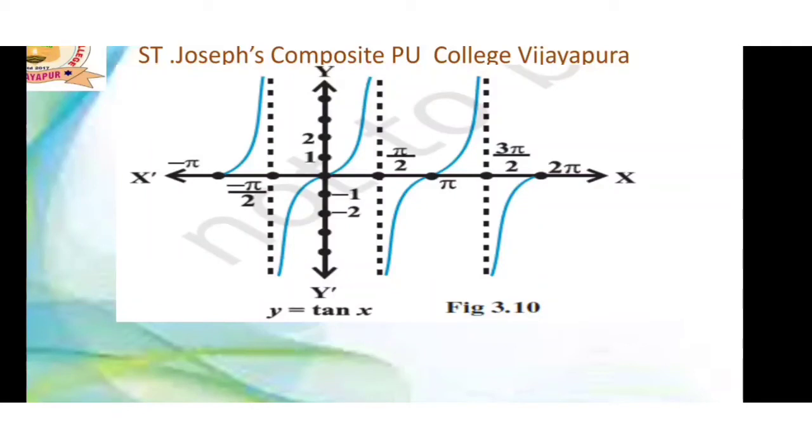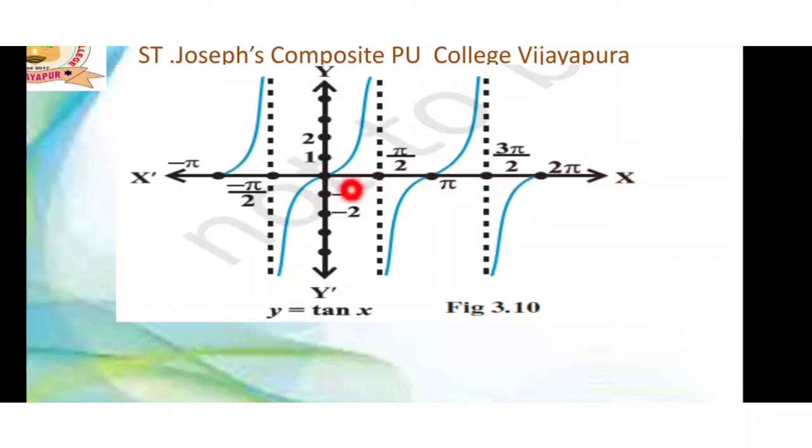And the range is defined for all real numbers. The range is the set of all real numbers. And here it is different from the other 4 functions, because the tan x function repeats after pi, not 2 pi. Look at this: from 0 to pi, the same; from pi to 2 pi, it repeats after pi.